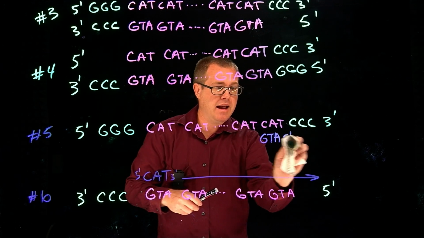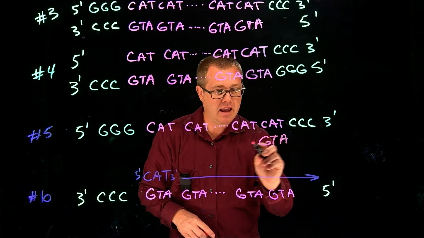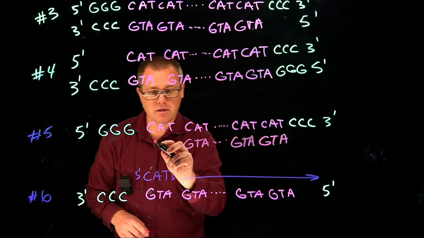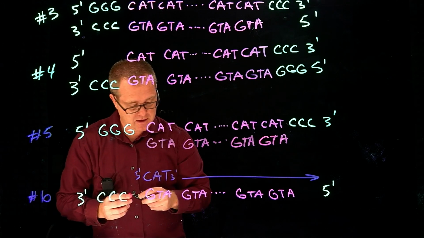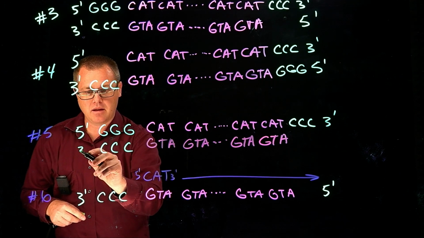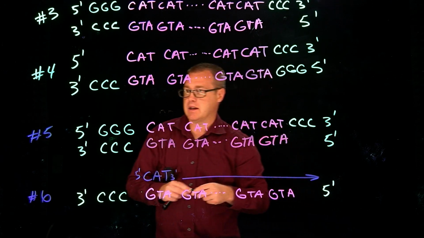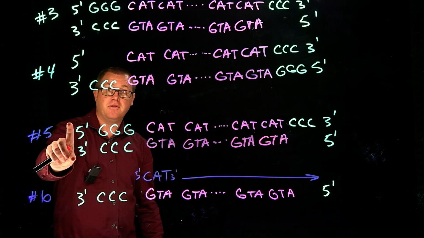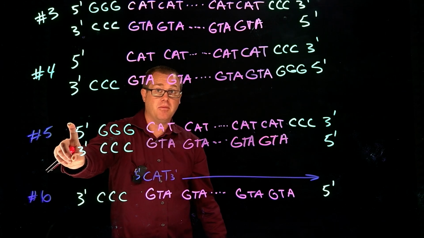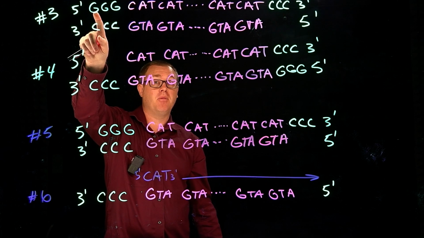This primer now turns into the gene of interest, GTA, GTA, TA, and then it synthesized, that's G, so C, C, C. There's our 3 prime, there's our 5 prime. Okay? So that's what molecule 5 looks like. And molecule 5 came from the top strand or the coding strand of molecule 3.